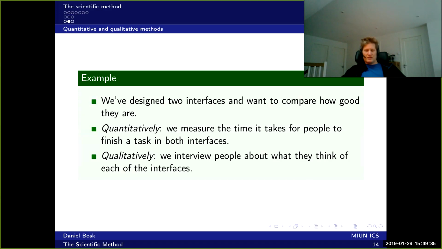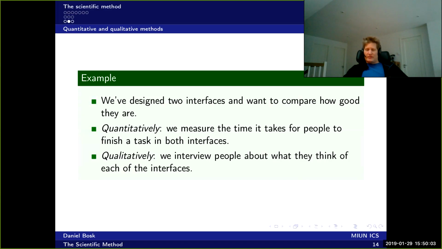We assign them the task, we let them perform this task, we measure how long it takes, and then we compute the average for everyone, and then we have an objective measure of how long it takes to finish this task on average. And hopefully our selection of the users is representative of the general population who is going to use this interface.